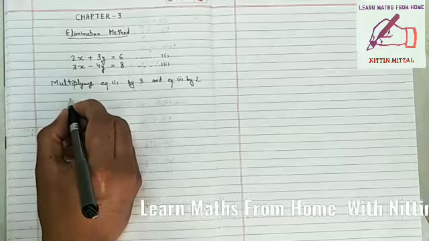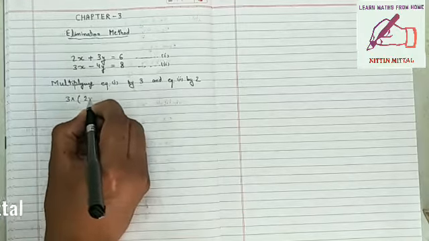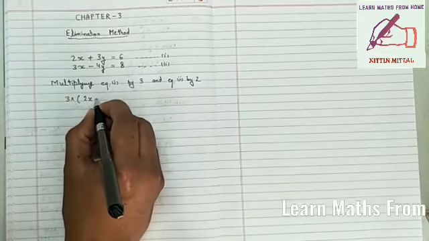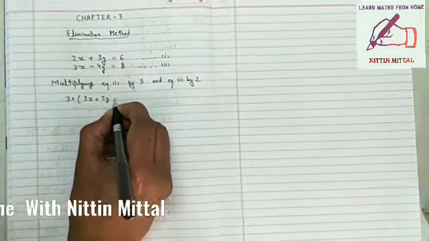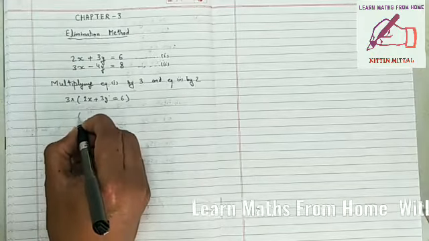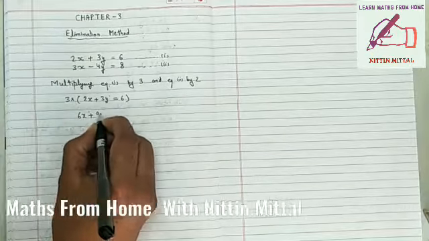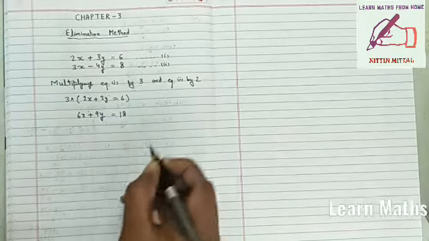First equation we are multiplying by 3. I am writing this step for your understanding, otherwise you need not write this step. And we will get 6x plus 9y equal to 18, right?